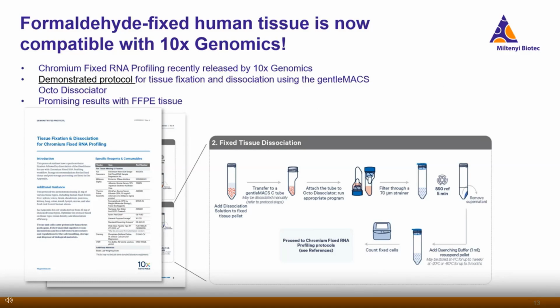What makes this product especially powerful is that it's compatible with fixed tissue rather than just fixed cell suspensions. This facilitates tissue preservation at the clinical site and is a really simple and effective way to lock in your cell states as they were in the intact tissue.